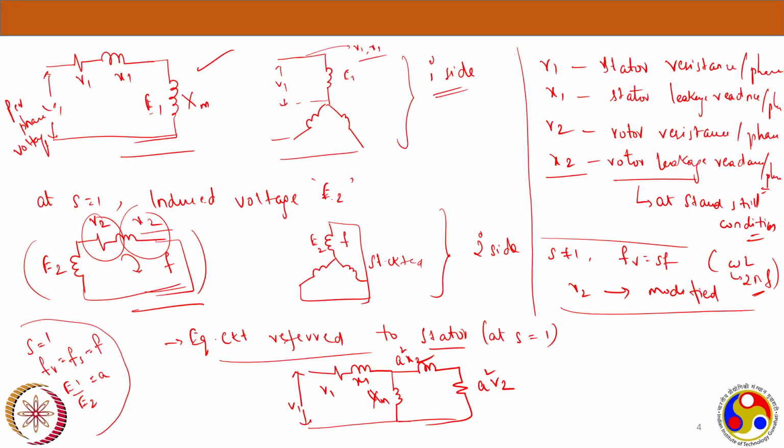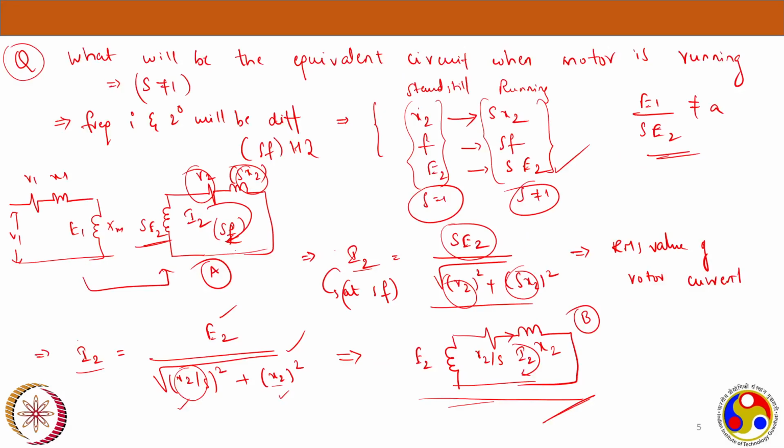Coming back to today's discussion, we started the equivalent circuit and how we can arrive at it with the understanding of transformer concepts. To merge primary and secondary, the required conditions are that frequency should be the same and the current should be the same. For that, we assumed an imaginary motor, pretending our running motor as a standstill motor, so that a stationary observer sitting on the stator can't differentiate which is running or imaginary, because both have the same rotor field generated.